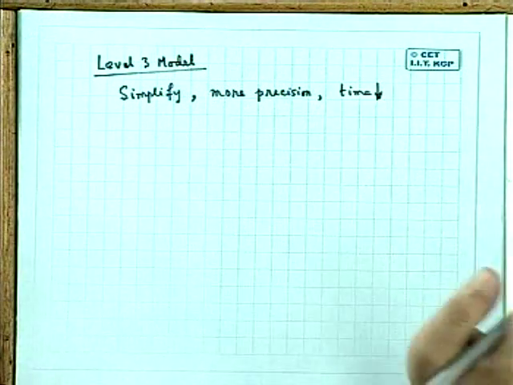Unfortunately, level 2, even with a lot of effort, could not go beyond 2-3 micron. Okay? So that means more empirical things have to be done rather than pure physical things. And the whole thing has to be done in such a way that overall computation time is minimum.